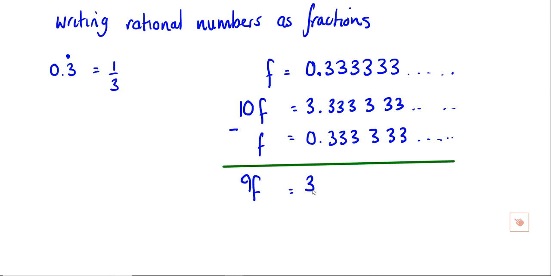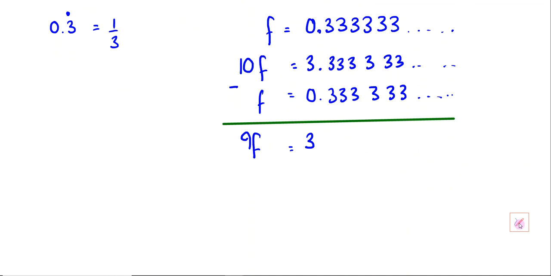So if 9 F's are equal to 3, well, now we go back to our stuff that we've done before on solving algebraic equations. So what will I do to figure out what 1F is again? Go on. 9 divided by 3. Divide by... Wait.